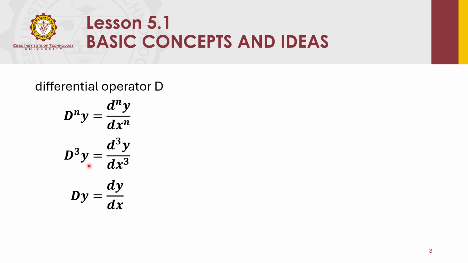And there's another example. If it's the first derivative, just simply D raised to the power of 1 times the dependent variable y. For example, if you see this notation, it means we need to get the derivative of this function, e to the power of 3x. So the result is 3 times e to the power of 3x, the first derivative of e to the power of 3x.